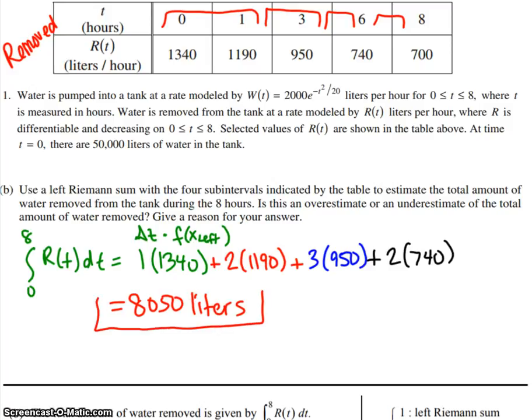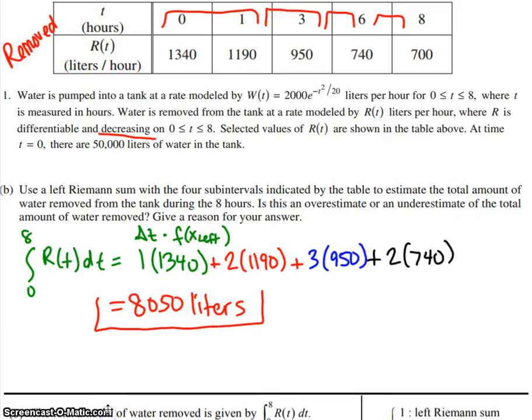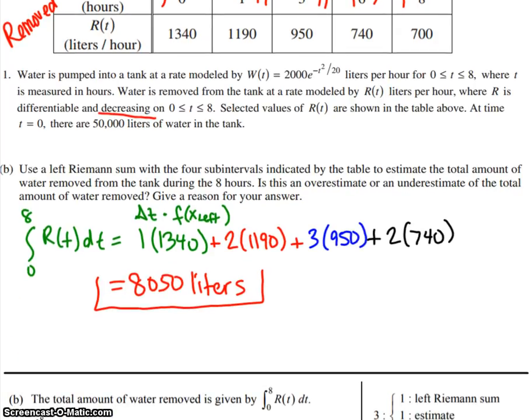The second part of that question says, is this an overestimate or an underestimate of the total amount of water removed? Give a reason for your answer. Whether you look at the table or back at the problem, it says that R of t is a decreasing function. So if you graph a decreasing function, kind of like an exponential decay, and you do a left Riemann sum, you will see that it's an overestimate.